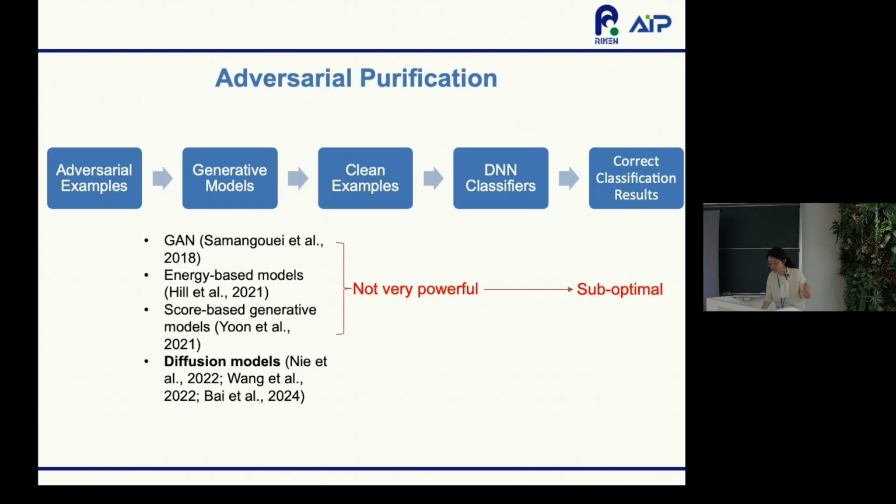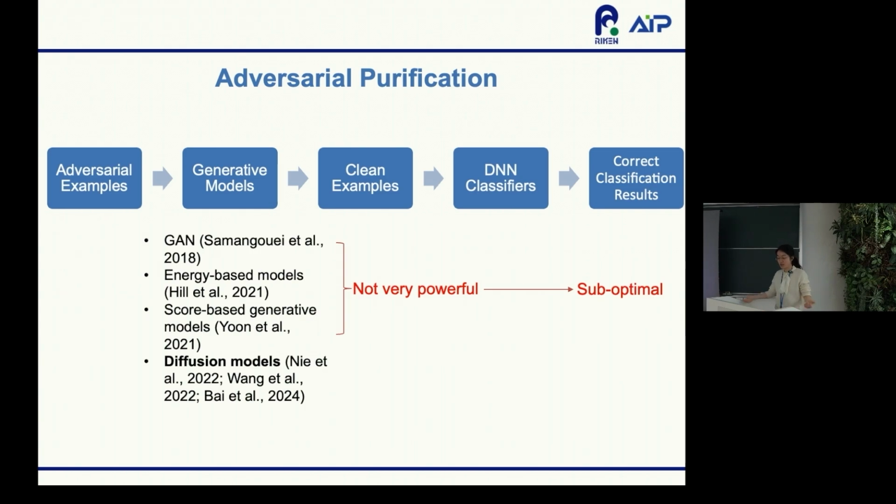No? Okay. So there are some details on the adversarial purification models. Given these adversarial examples, we use very powerful generative models, as we discussed before, to generate clean examples. And this generative model's performance relies on how powerful these generative models are, of course. In the past, people used GANs, energy-based models, or score-based generative models, but they all appear not to be really powerful, and suboptimal results come from them.